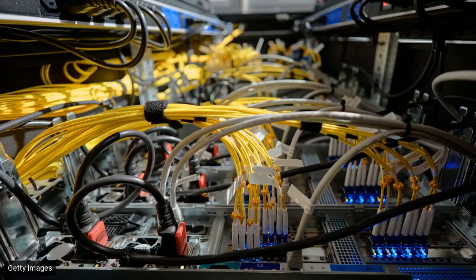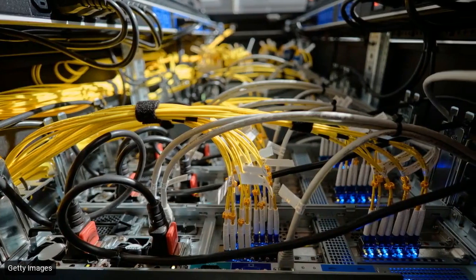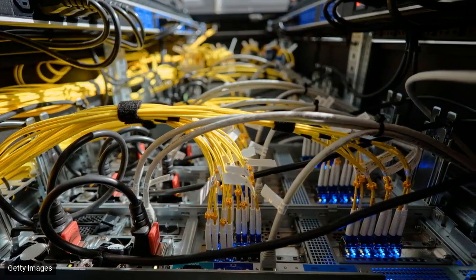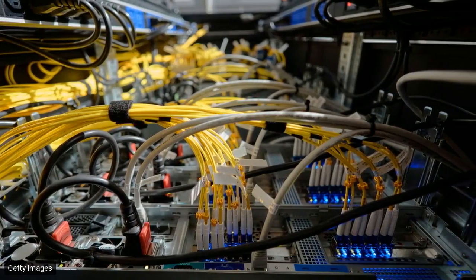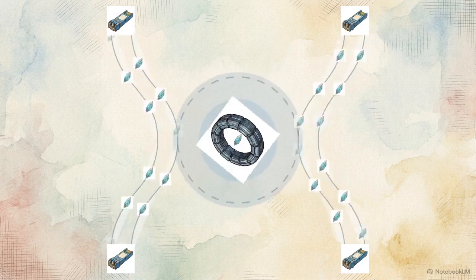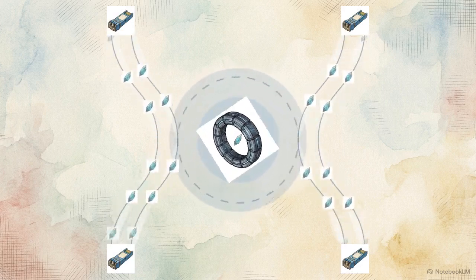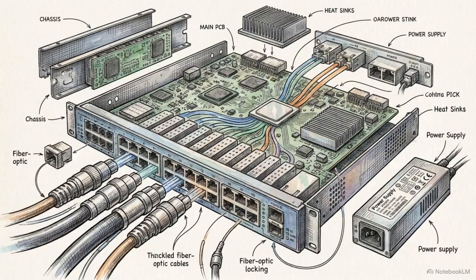Internode communication relies on a non-blocking fat tree design using Quantum 2 InfiniBand, providing 400 gigabit per second connections between servers. This hardware specifically prevents the collective communications required by FSDP from bottlenecking the main training loop. Software sharding is only effective when supported by an ultra-low latency hardware backbone.